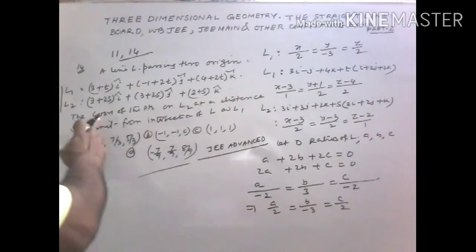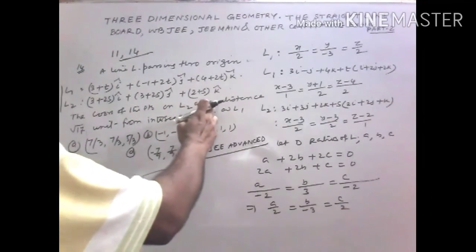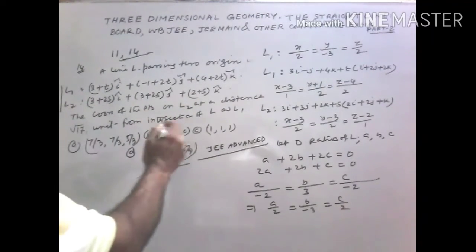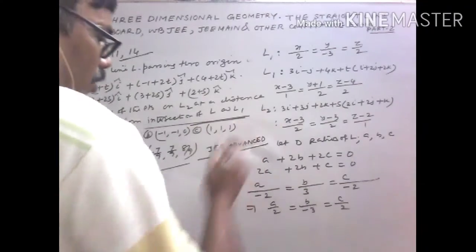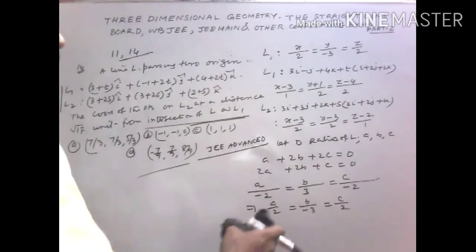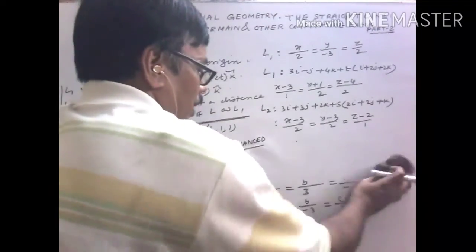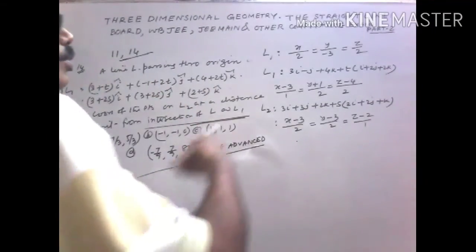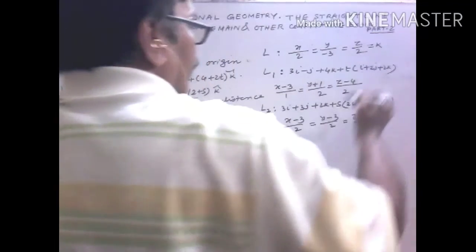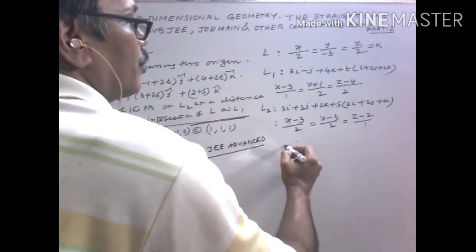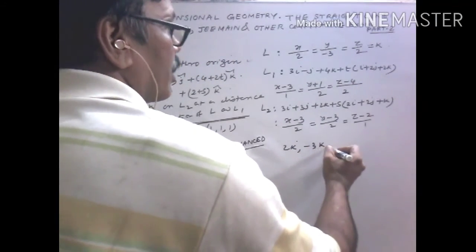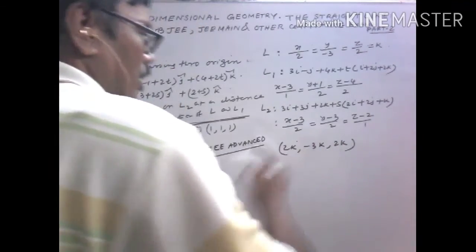Next we have to find the coordinates of the point on L2 at a distance root 17 unit from the intersection of L1 and L2. So we have to find the intersection of L and L1. Setting this equal to K, any point on L is 2K, minus 3K, 2K.